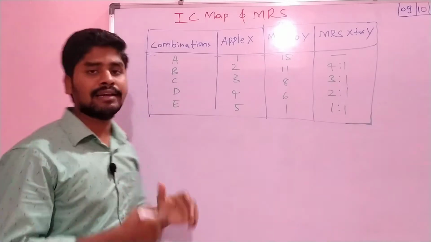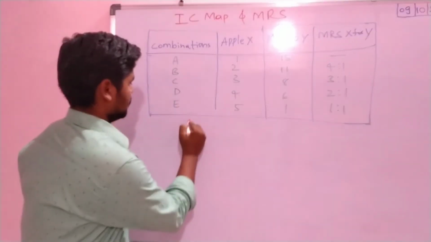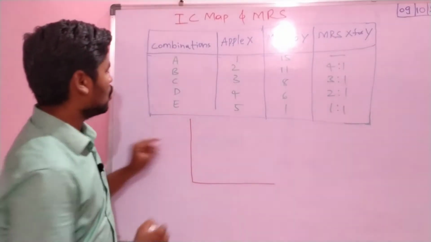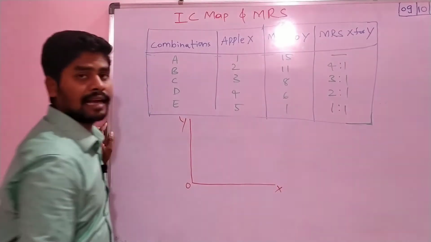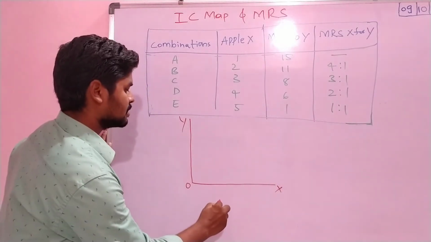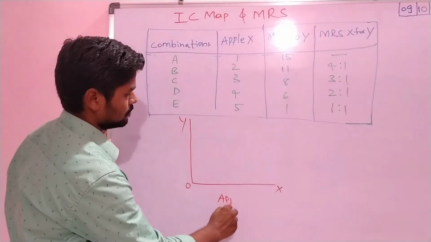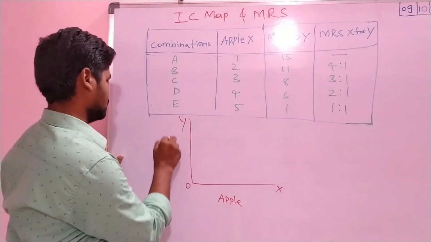Let's take one diagram so we can understand clearly. Here we have the OY axis and the OX axis. On the X axis we take apple, and on the Y axis we take mangoes.